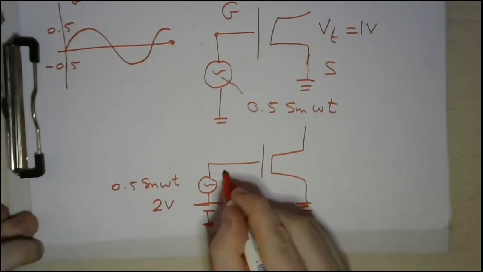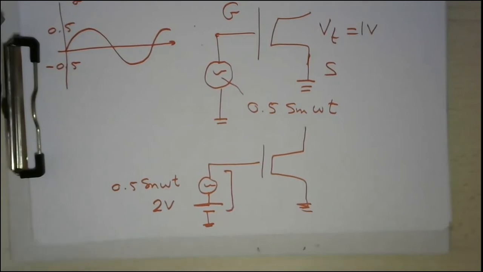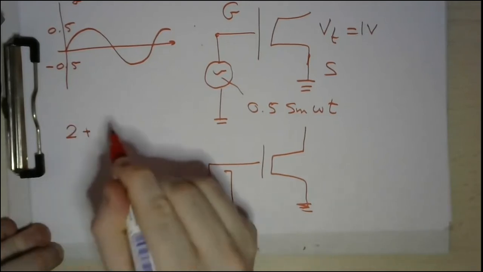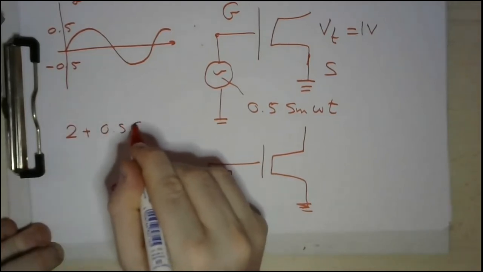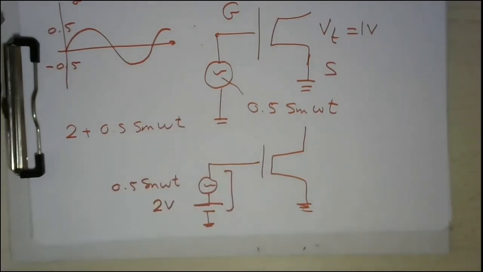So the overall voltage applied to the gate now is 2 plus 0.5 sine omega t.